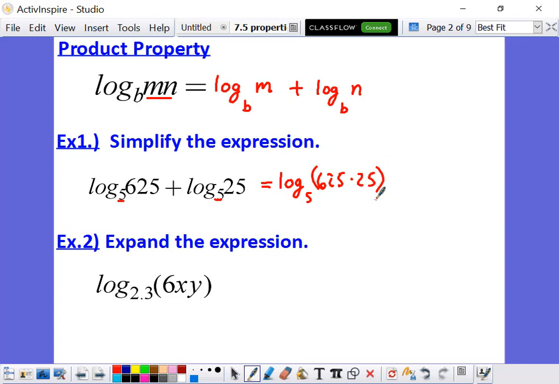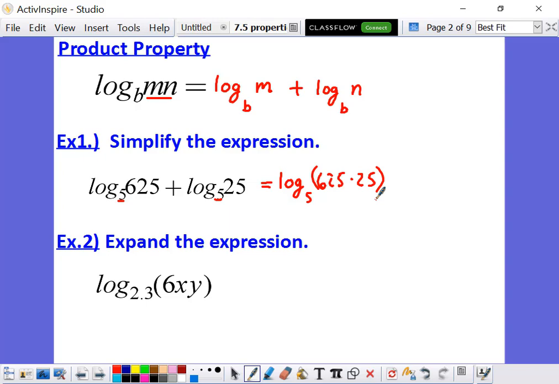Now, to make this a little bit easier for us to evaluate, we would do 625 times 25, whatever that is. I don't have a calculator or my phone on me to be able to do that quickly, but you could just do that, 625 times 25. Now, you could actually simplify that even a little bit further, but we'll talk about that here in a little bit.